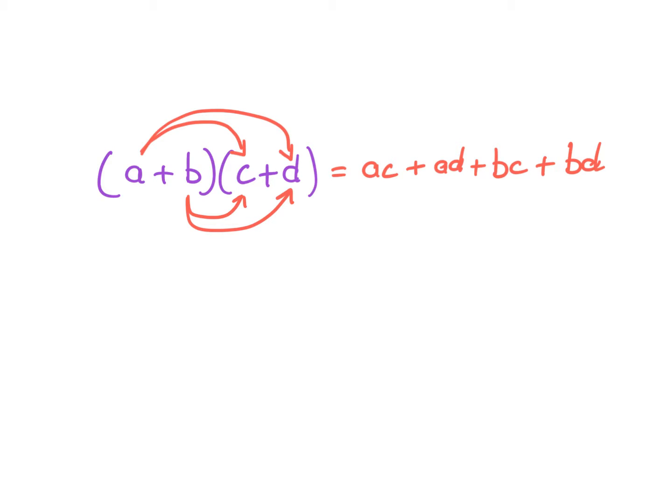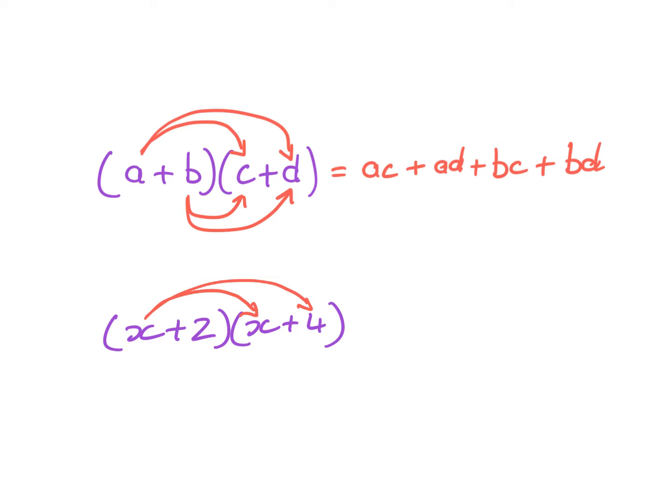So if I put all of this into an actual sum, it would look something like this. I have x plus 2 in one bracket and x plus 4 in the other. So what I'm going to need to do is multiply x by x and then x by 4 added to 2 multiplied by x added to 2 multiplied by 4.